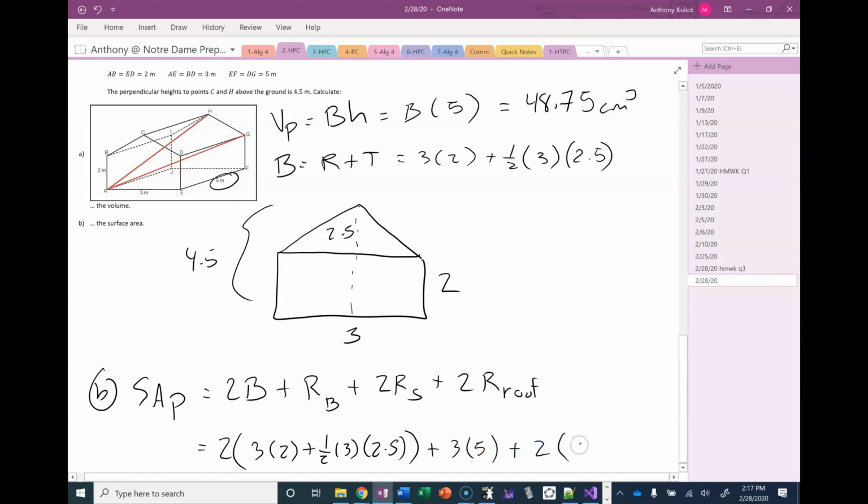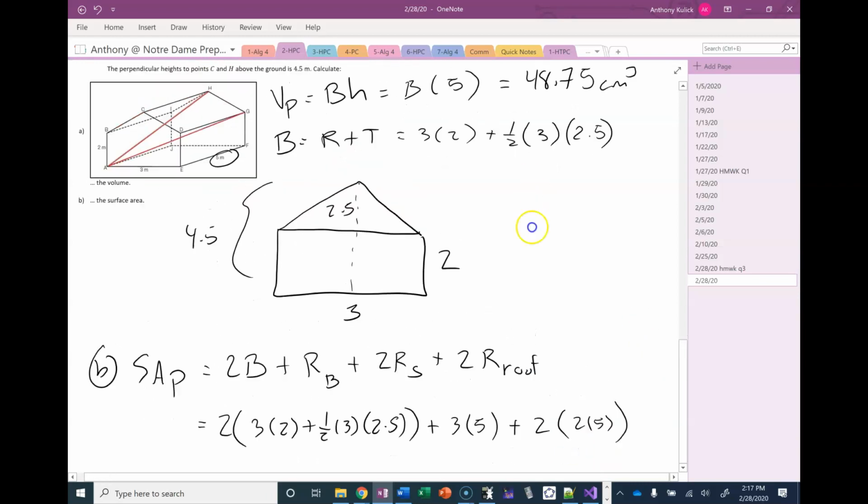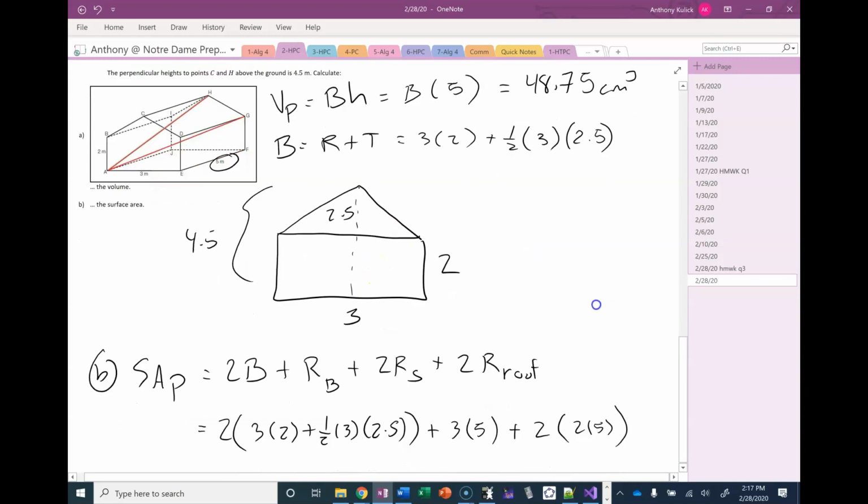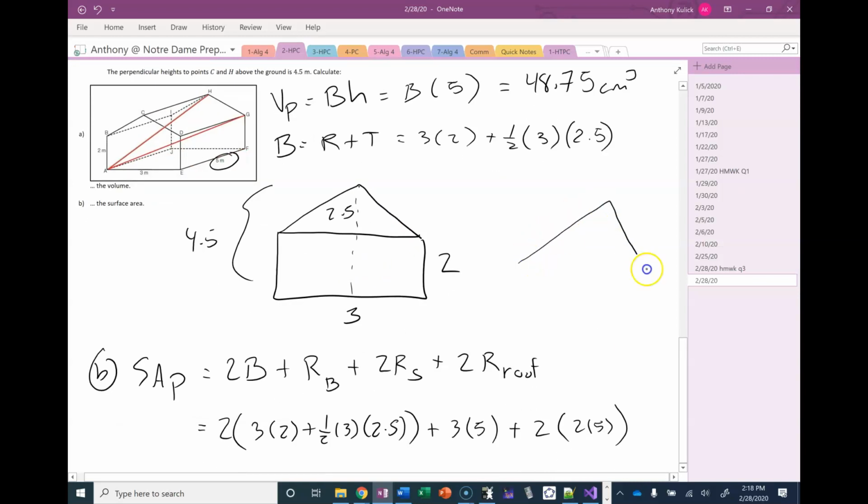The rectangles on the sides are 2 times 5. The roof rectangle, though, here's the pain. So I need to figure out that length there for CD. Right?